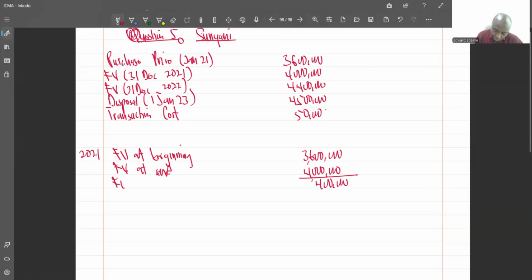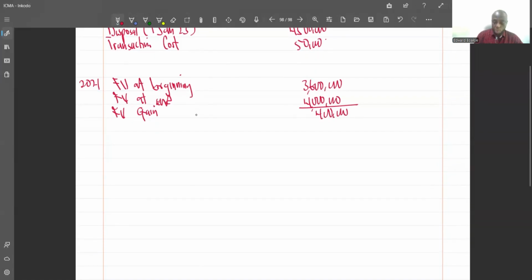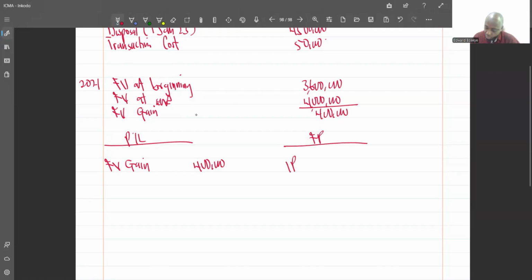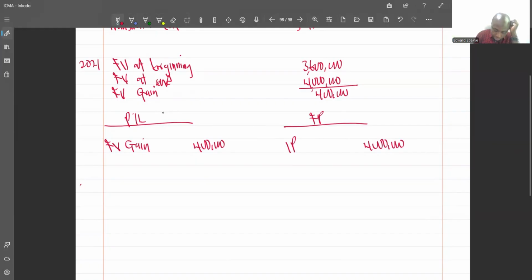This change of 400,000 is a fair value gain. So as at the year 2021, our P or L will have a fair value gain of 400,000. But our financial position will have assets, the investment property, at 4 million instead of the 3.6. That is for 2021. When we go to 2022, the fair value brought forward.